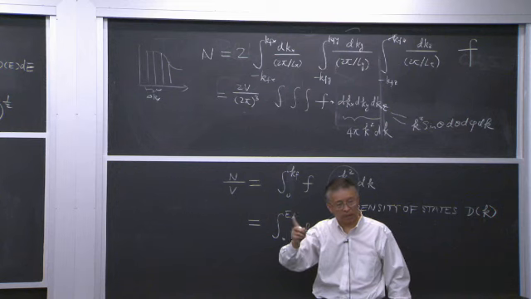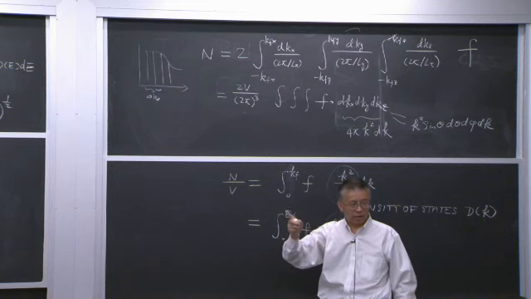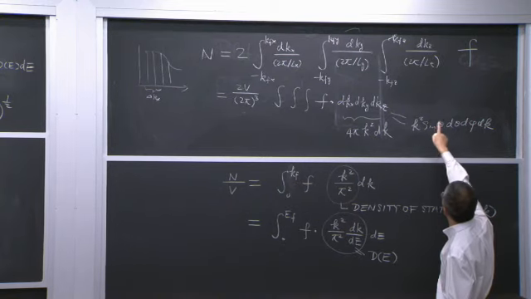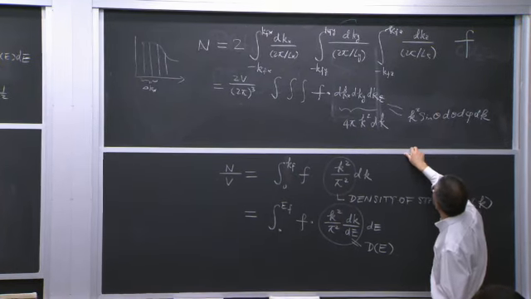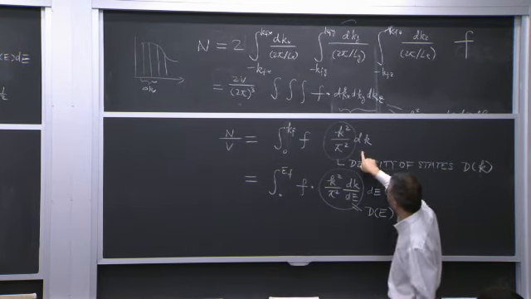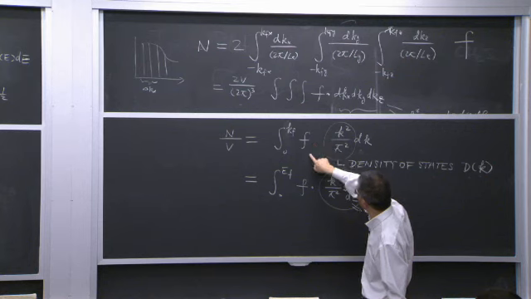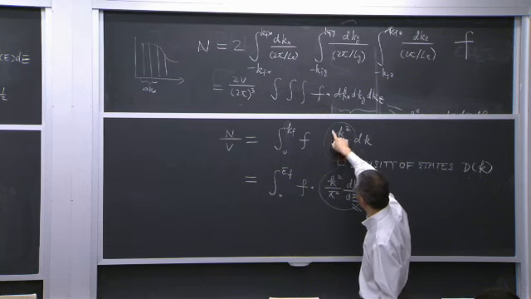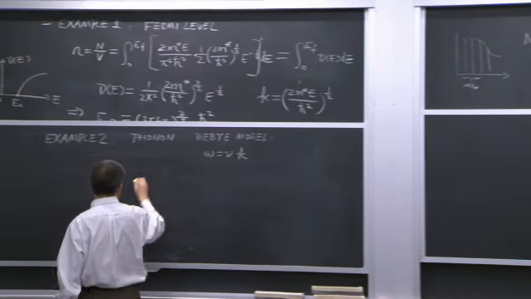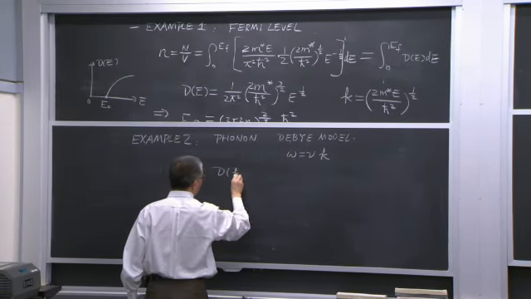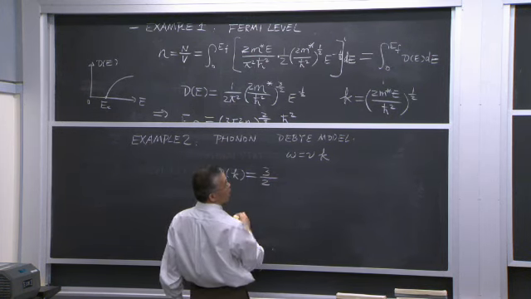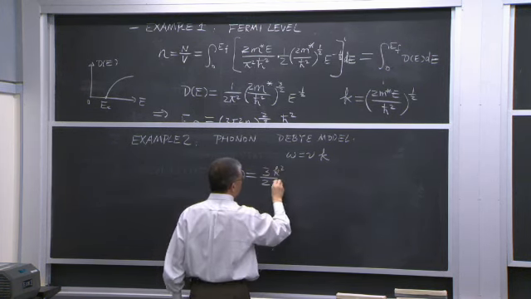So that's where my factor of 3 is. Looking at my dk density of states, before it was a factor of 2, now it's a factor of 3, so it should be 3/2 of this. My dk density of states for phonon is 3/2, and what I have here is k squared over pi squared.